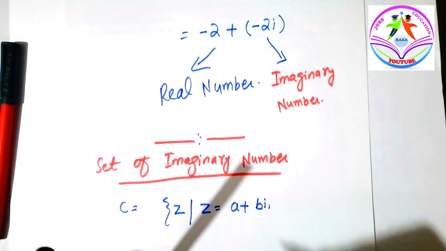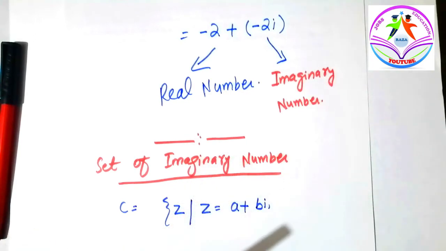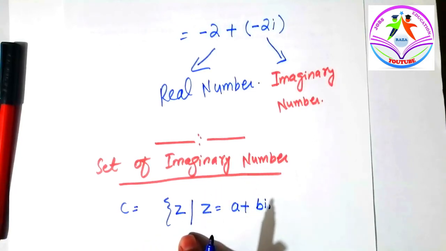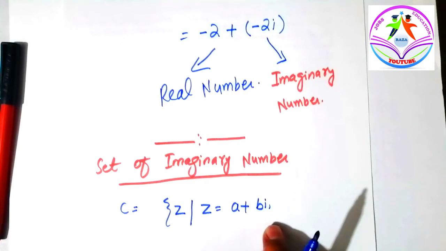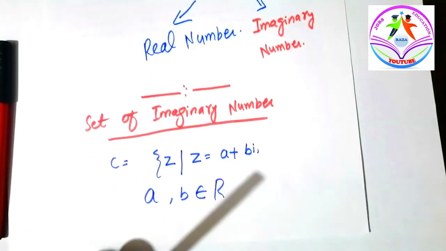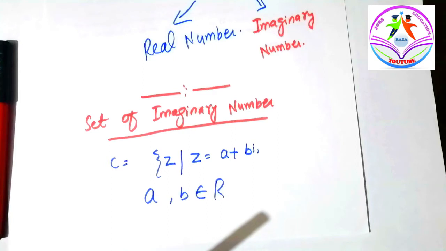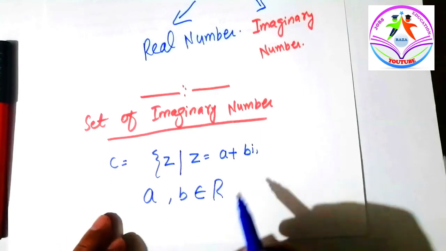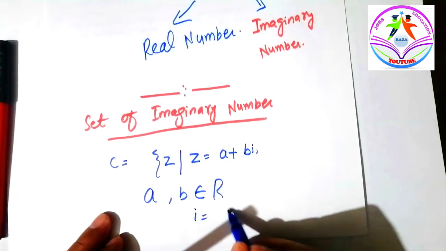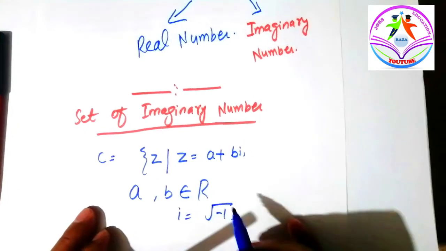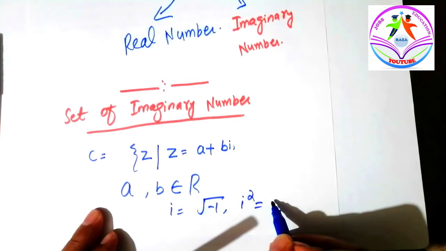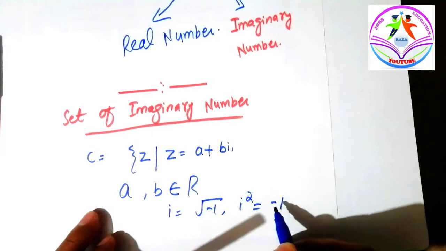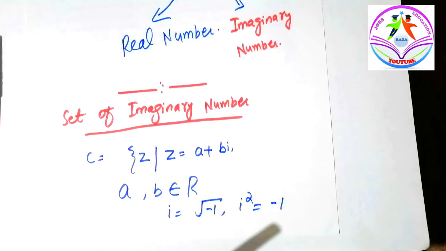The set of all complex numbers is denoted by C, where we know that a and b are real numbers. When we put iota with any real number, it becomes an imaginary number, where iota is equal to the square root of minus 1, or iota squared is equal to minus 1. So this is our set of complex numbers.